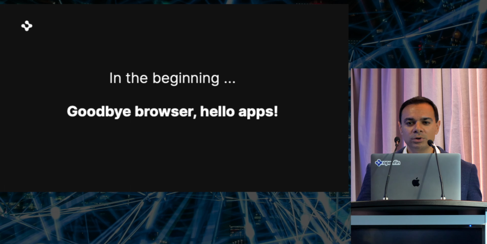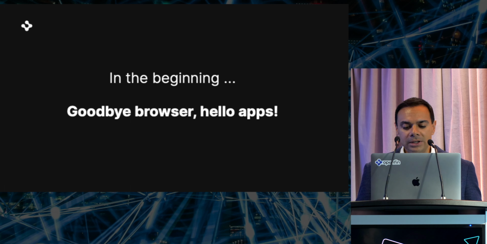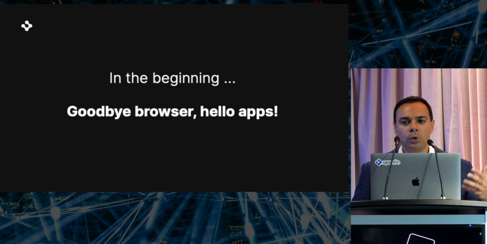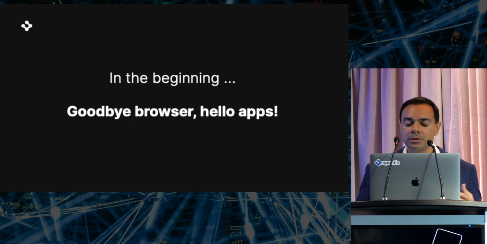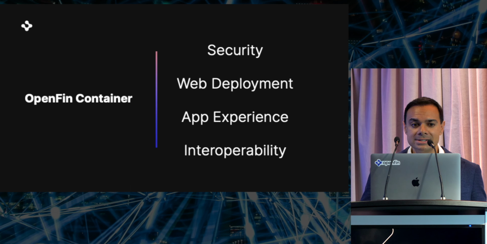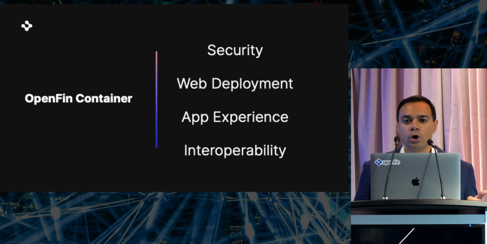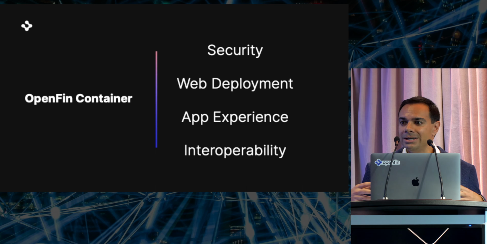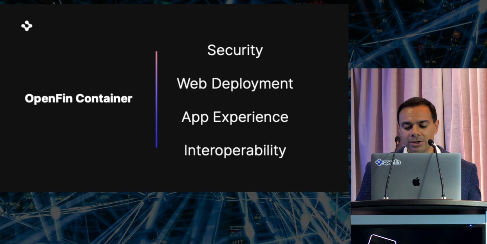web browser and really providing a great app experience. And what we created was this Chromium container that principally gave developers 4 key capabilities. So one was the really strong security that you get with web. Second one was instant deployment, so the ability to quickly iterate, innovate, get your app out to your end user.